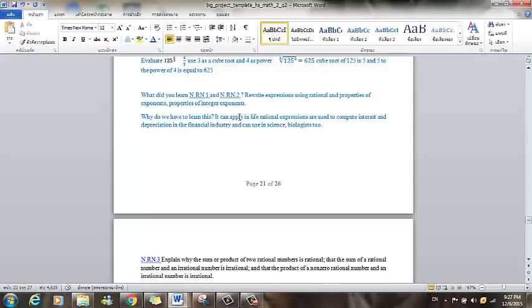Because we can use the application in life of rational expressions and use it to compute the interest. Yeah, and we can use this in science and biology too.